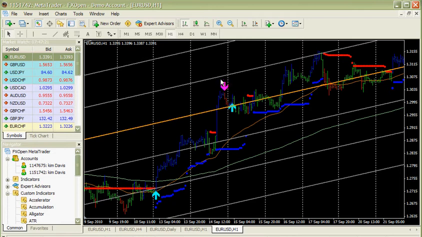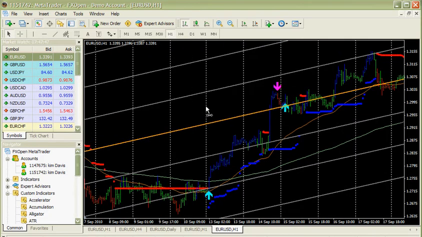So in this case, we're going to avoid this trade definitely based on this indicator alone. And also, there's another reason: we don't have a red dot on top of it, so we're going to avoid this trade for two different reasons.